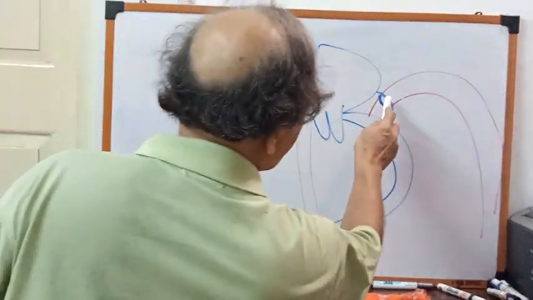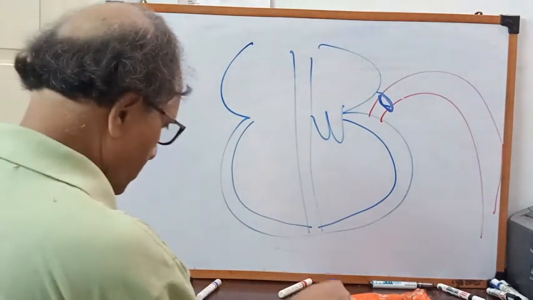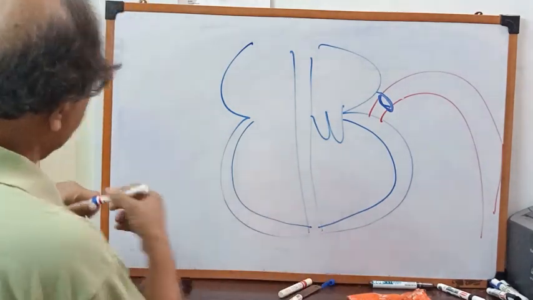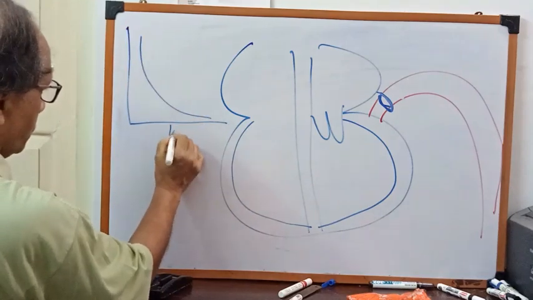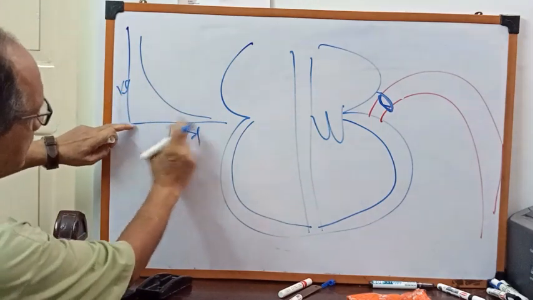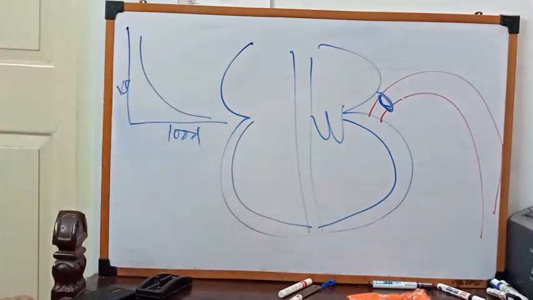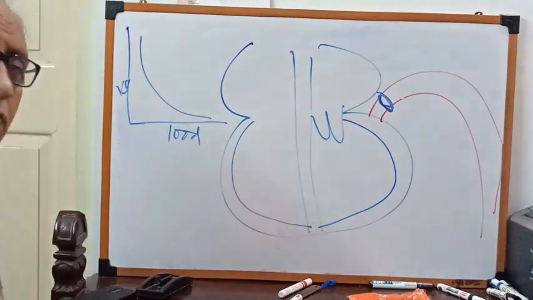Now as we are increasing the afterload, what will happen? Try to remember the load velocity diagram. As we are increasing the afterload, the velocity of contraction will be reduced. So in case of a high afterload, the velocity of contraction will become 0.